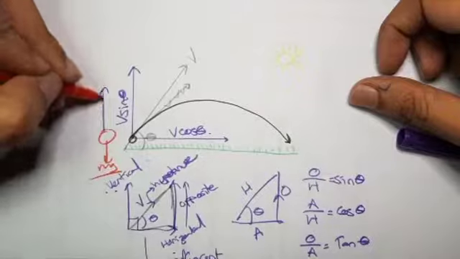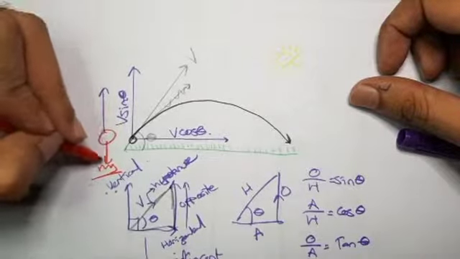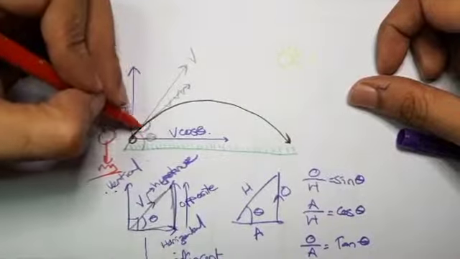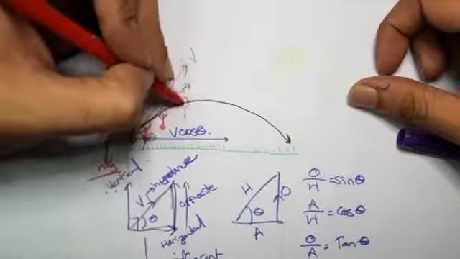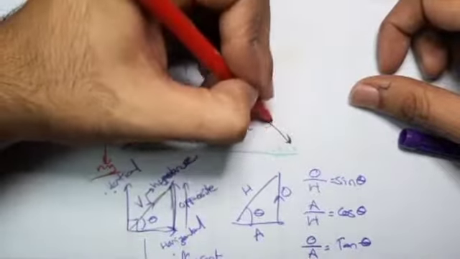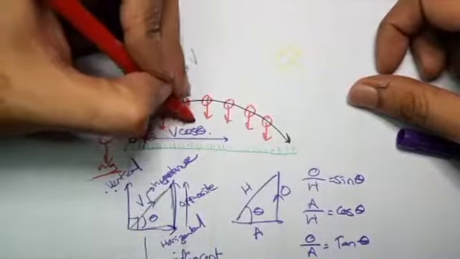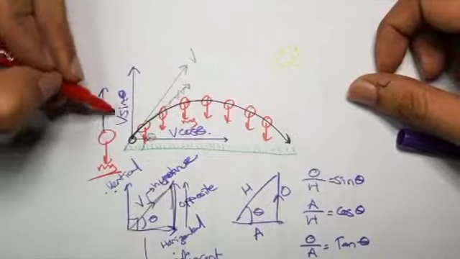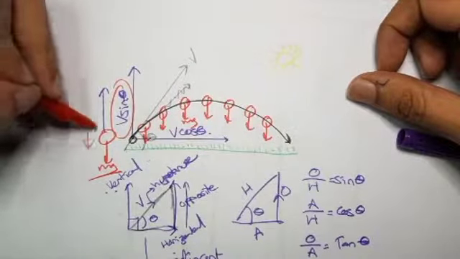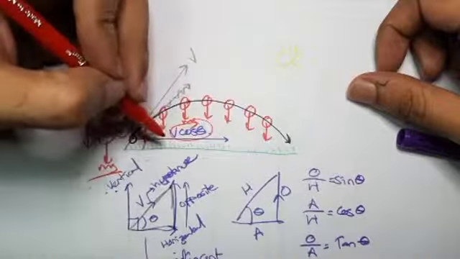Remember, this is a velocity, right? So it's not a force, so it's not going to cancel out with the force itself. There's only one force acting here, which is the weight. So we can draw it at different places if you want to. The only singular force acting on the object is weight, mg. Constant. Which means this value, v sine theta, will experience constant acceleration downwards, while v cos theta remains unchanged.